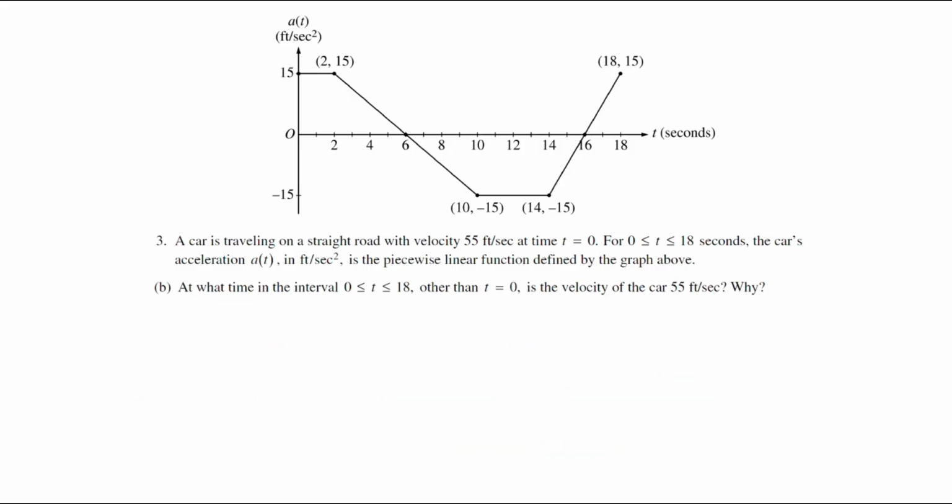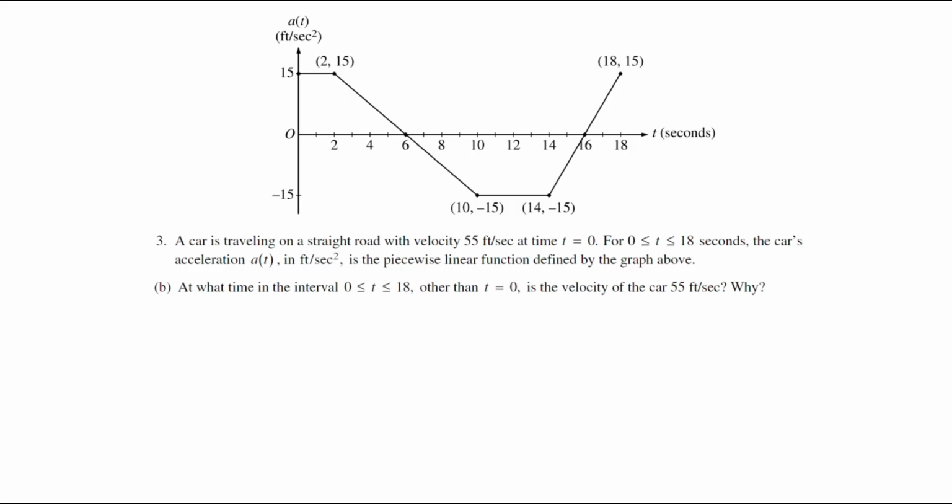In part B, they want to know at what time in the interval 0 to 18, other than t equals 0, the velocity of the car is 55 feet per second. And so the only way to figure out what the velocity is at any given point is to integrate different pieces of this function to see if it ever equals 55 again, right?